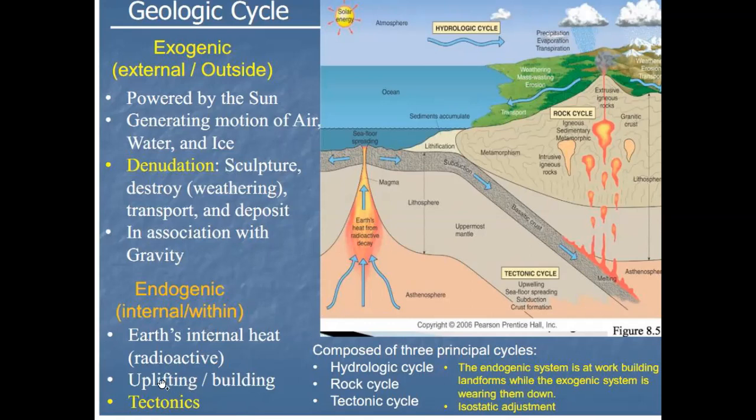We have uplifting of materials, where you have tectonic activities taking place, forcing part of the landscape up and getting all the rocks beneath exposed on the Earth's surface. And then you have, for example, plate movement, you have volcanic eruption.